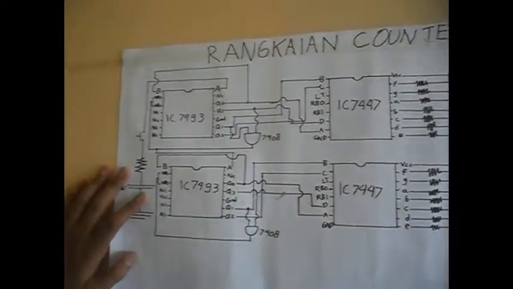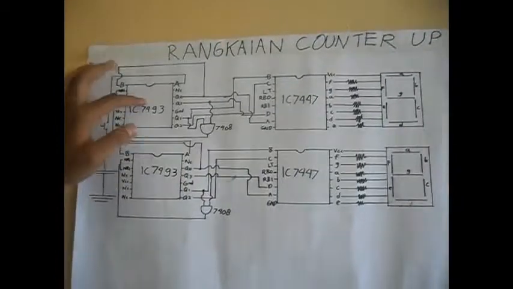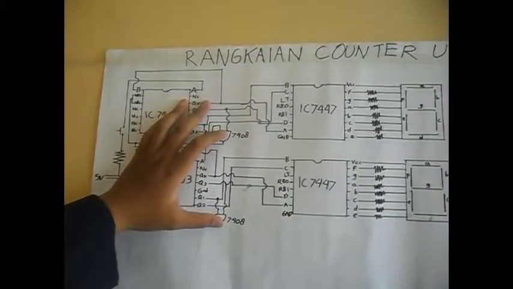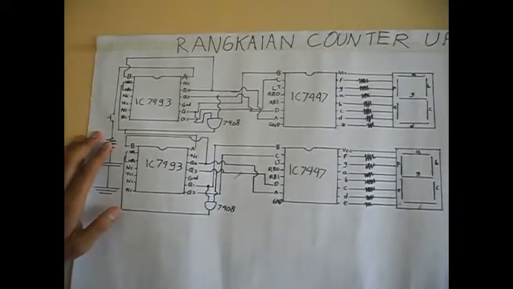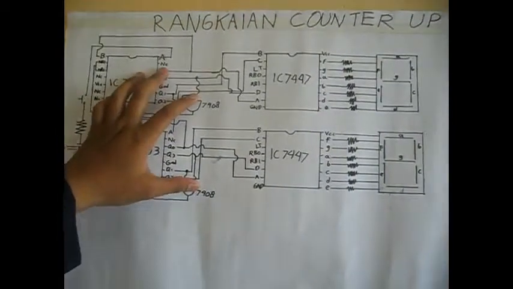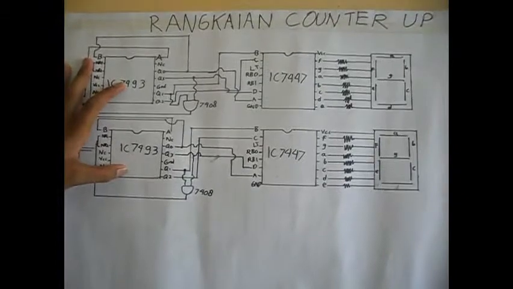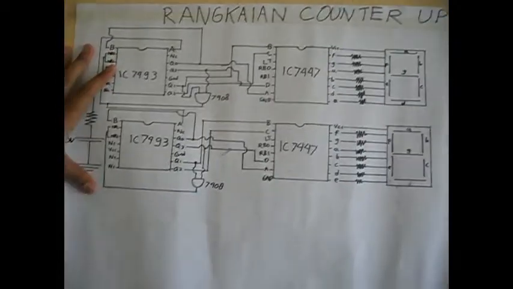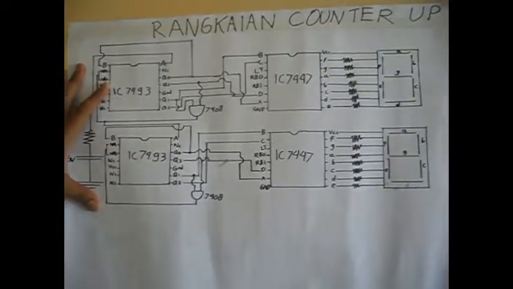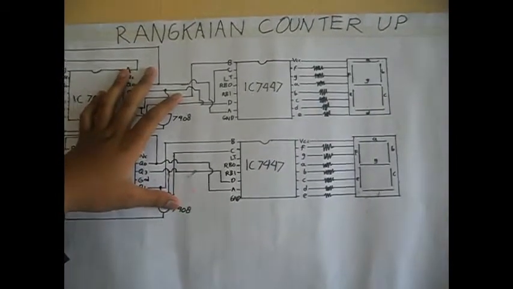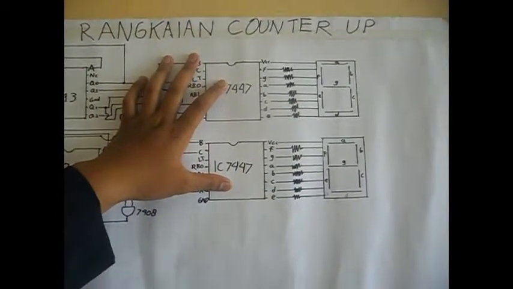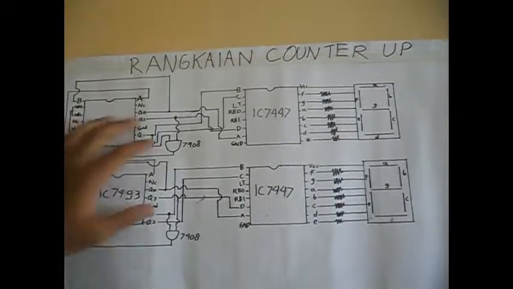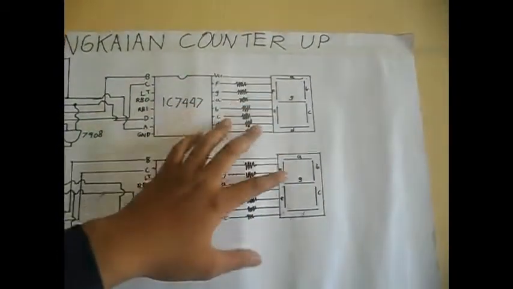The circuit uses 2 IC 7493, 2 IC 7447, and 1 IC 7408, because the 7408 can be used for 2 AND logic gates. The first IC 7493 counter is used to calculate the units, and the second calculates the tens.